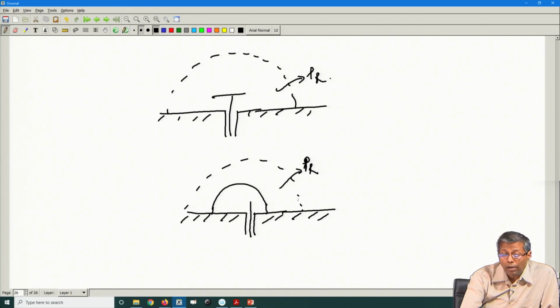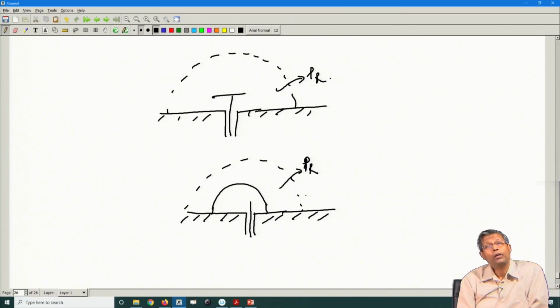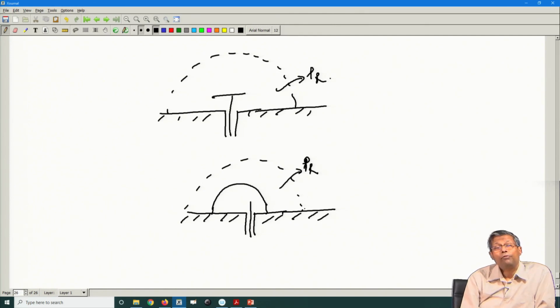So, I will surround this by an imaginary surface and find the integration of the real part of S dot ds over this surface in order to find the radiated power. Okay. So, this is how we can find the power radiated by an antenna.